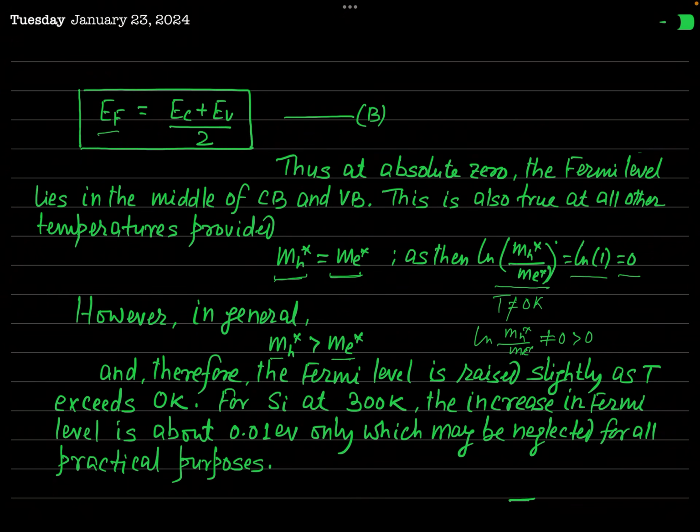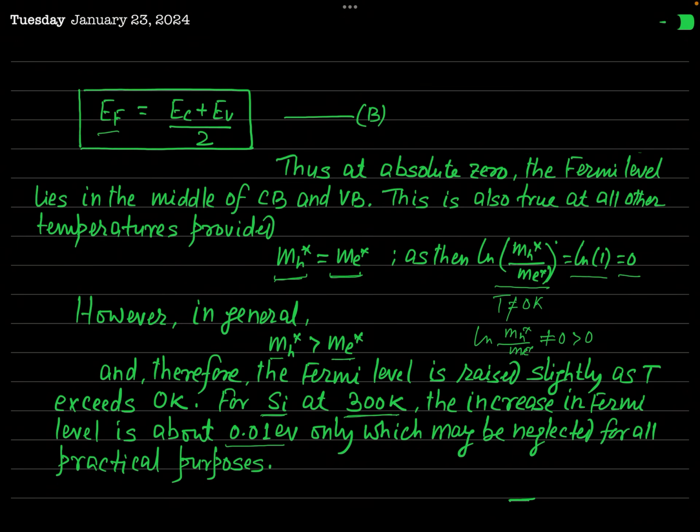As an example, if you are talking about a silicon semiconductor, and you take the temperature almost equal to room temperature, that is 300 Kelvin, then it is found that the Fermi level gets raised by only 0.01 electron volt. This is a very small value.